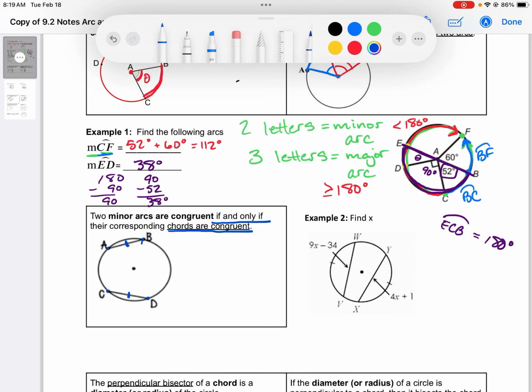Since they're congruent, think about it. If I went from this end to the center, this end to the center, this end to the center, and this end to the center, those lines are congruent. So their central angles are also congruent, which means their arcs are also congruent.